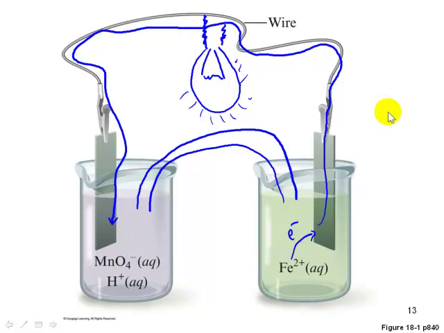And for this reaction, if it were occurring with a 1 molar concentration of this guy and a 1 molar concentration of that guy, so it's standard conditions, then the potential for that cell would be positive 0.74 volts, and that's the amount of voltage this would generate, which is about half of what a AA battery will generate.